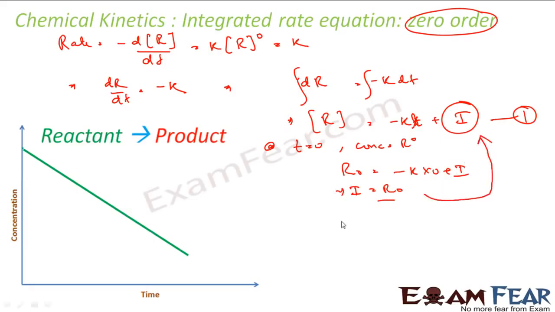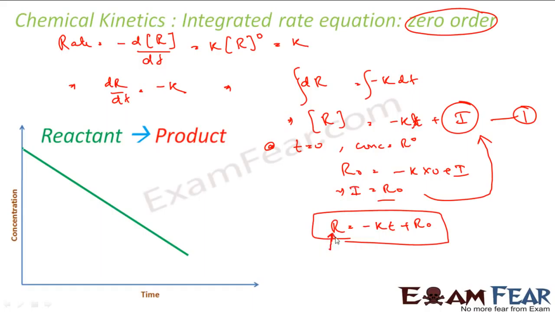So with this, my equation becomes [R] is equal to minus kt plus [R]0. If you see this equation, [R] is my concentration at any given point of time.